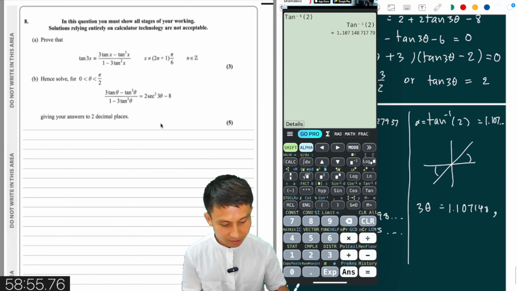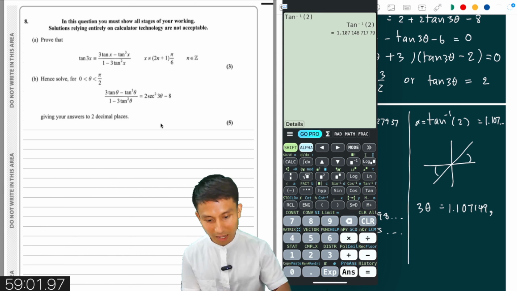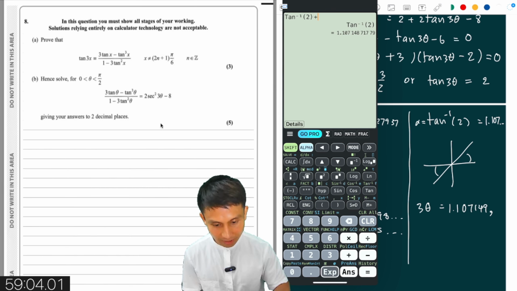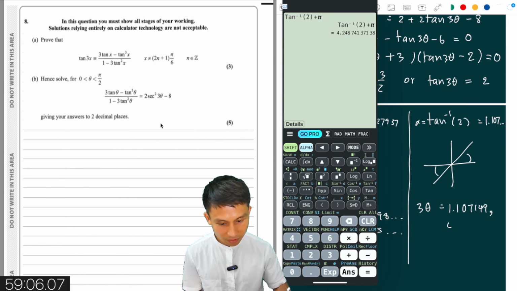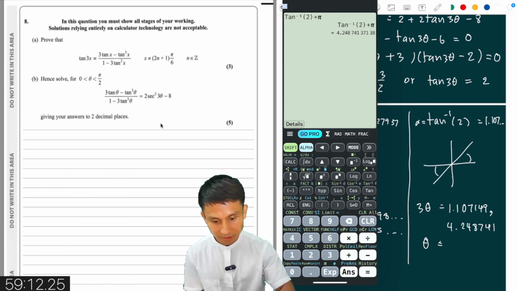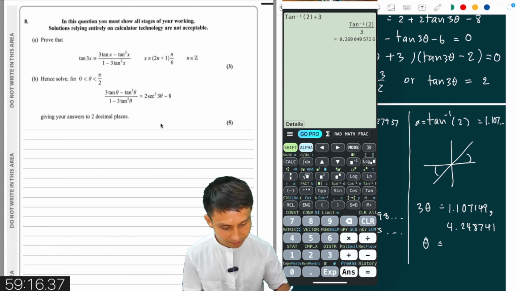And we do pi plus this, so plus pi. So the other one is that. Okay, so theta equals, I'm going to do the first one first, divided by 3, I get 0.37.